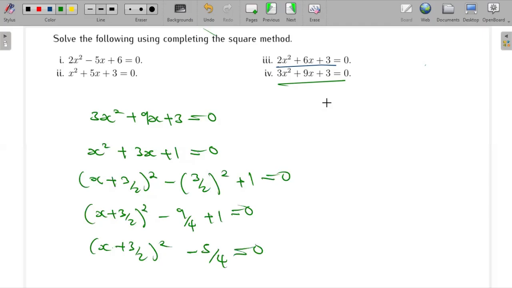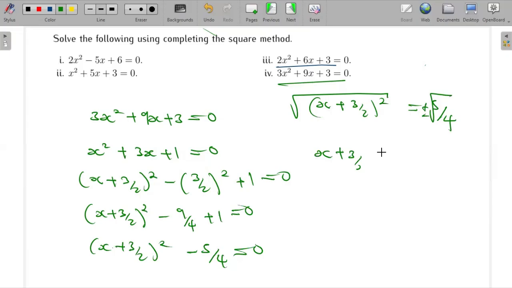And this here is going to be (x + 3/2)². Take it to the other side, it becomes what? Positive. Then get the square root here, get the square root there, plus or minus. And then you have x + 3/2 is equal to plus or minus the square root of 5 over 2.